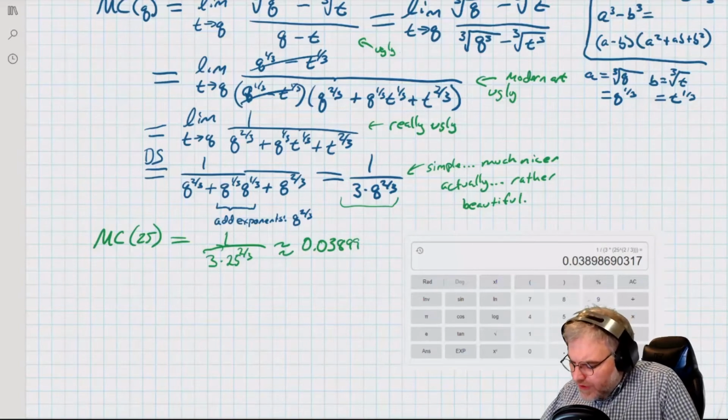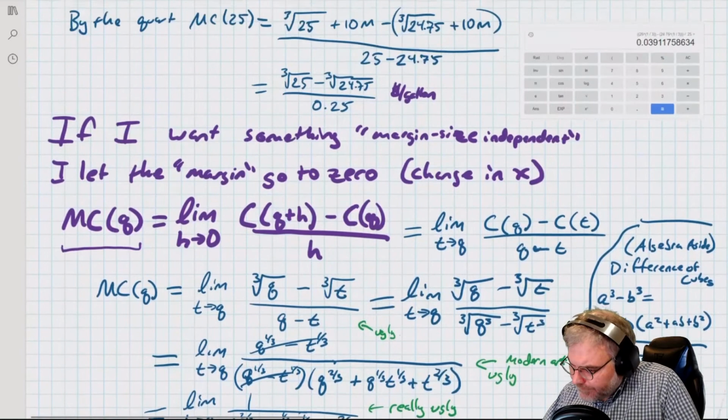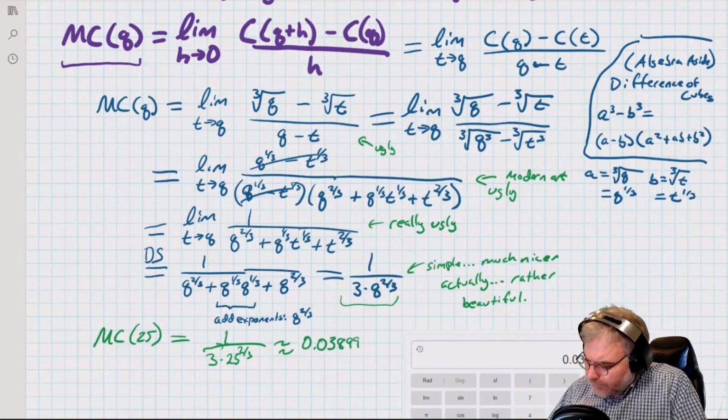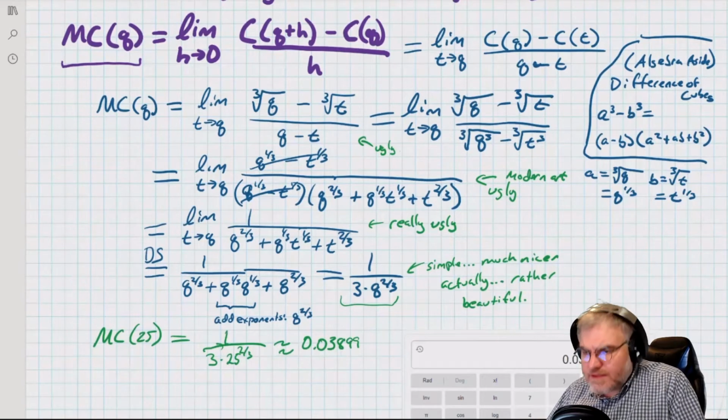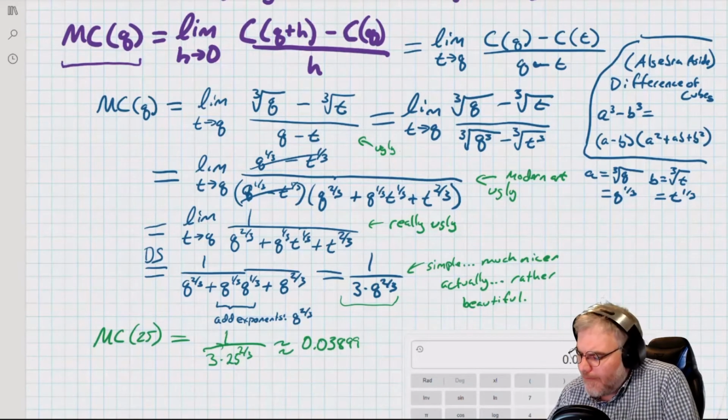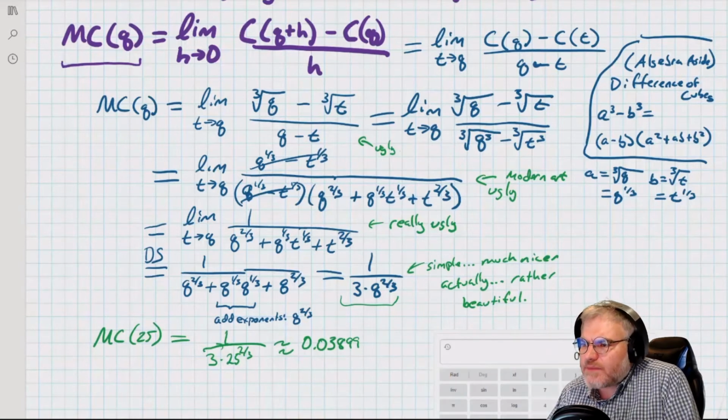That was kind of where I was going, right? That's rather beautiful that it just comes out that way. So how do we feel about this 1 to 5 now?